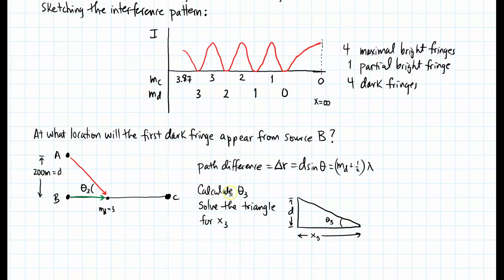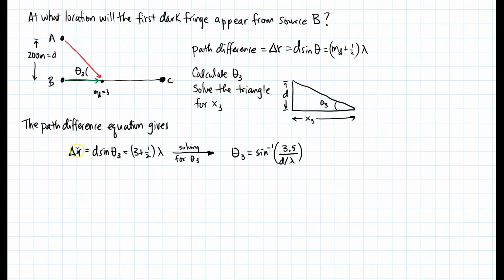Once again, I calculate theta 3 from the path difference equation. Once I have that, I then solve the triangle for x3. I know what d is, I know what theta 3 is, so now I can solve for x3, the distance to the first minima from source B. Path difference equation gives delta r equal to d sine theta 3, which is equal to (3 plus 1/2) times lambda.